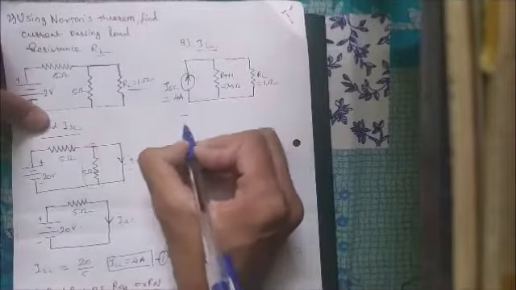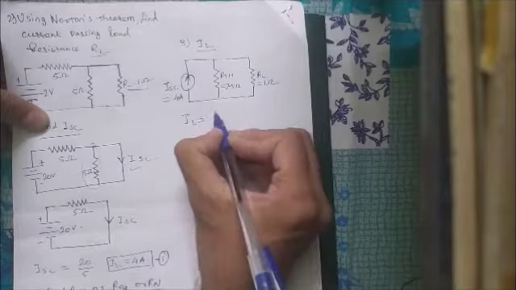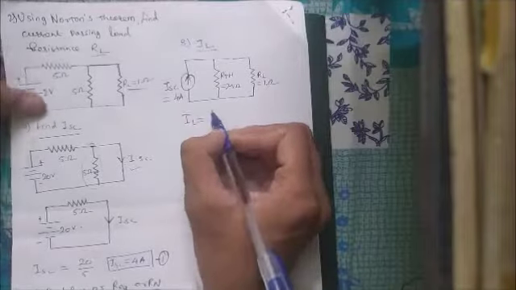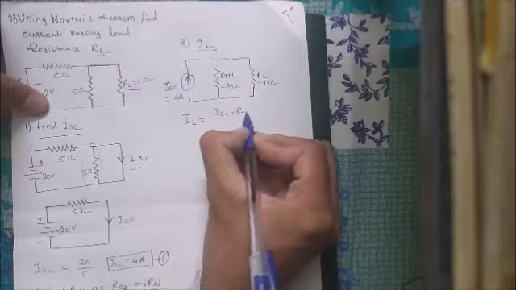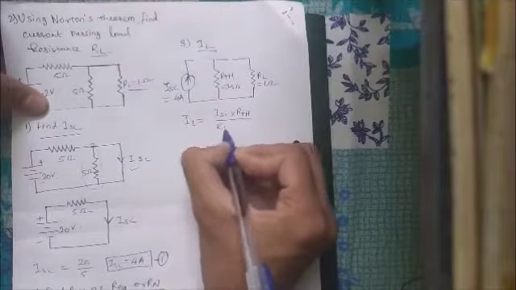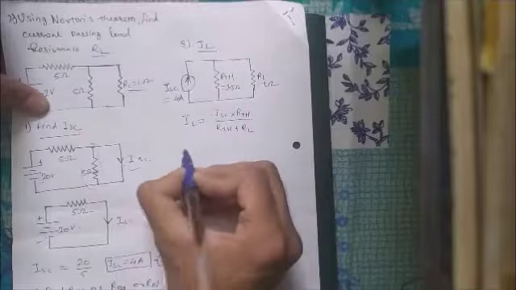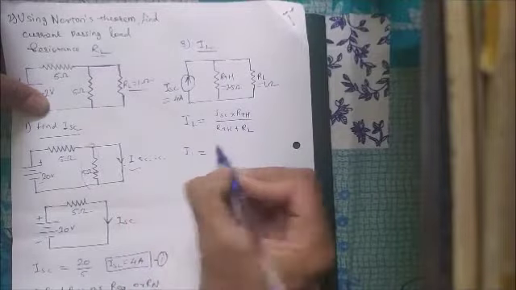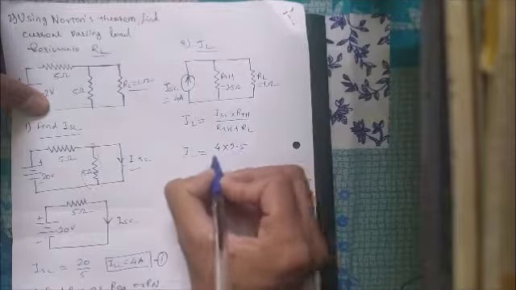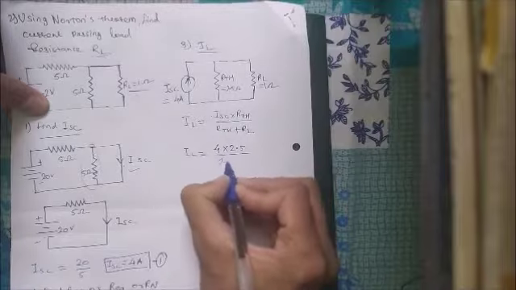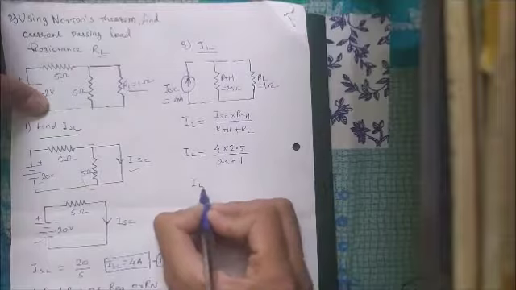Now we can calculate the load current IL by the formula which we have used here, that is ISC into RTH divided by RTH plus RL. So by this formula, your short circuit current 4 into RTH 2.5 divided by 2.5 plus load resistance of 1.